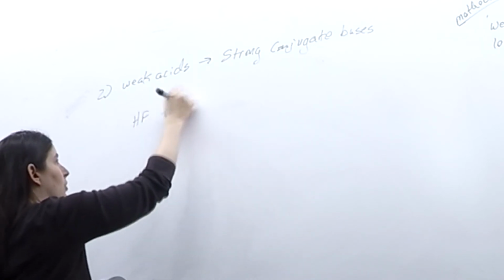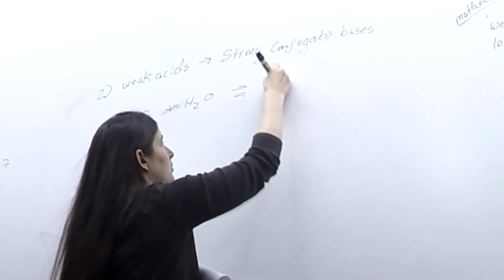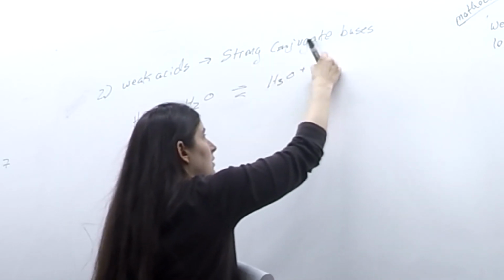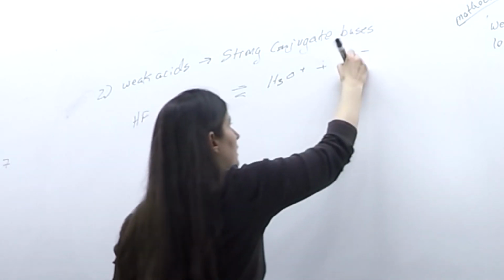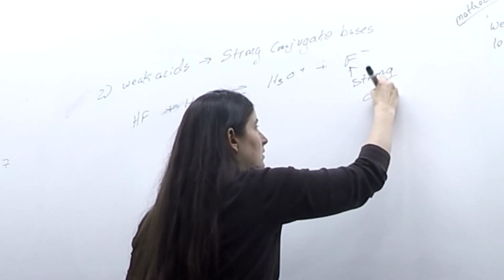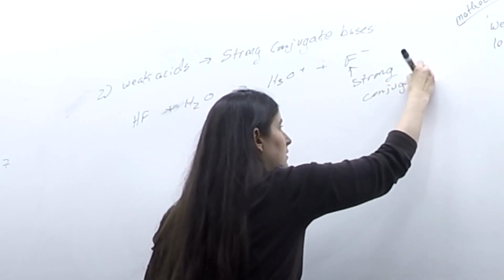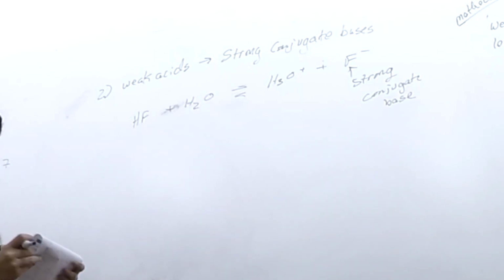That breaks down in water and gives you F minus. That's your strong conjugate base right there.